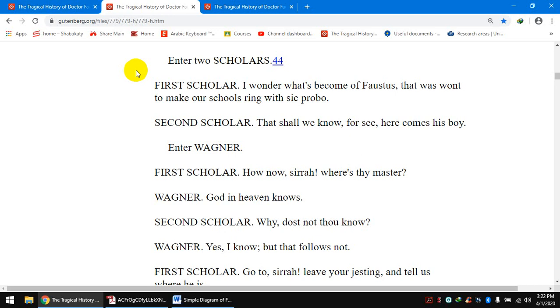We come to the second scene, scene number 2, which is about a kind of dialogue. On one side we have the first scholar and the second scholar, and we have Wagner.